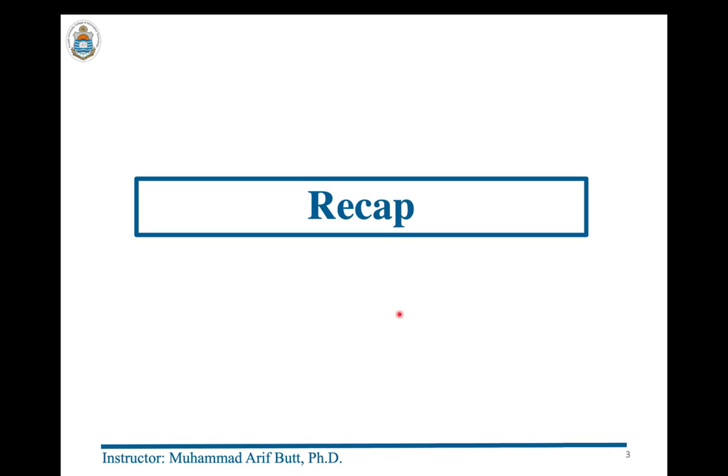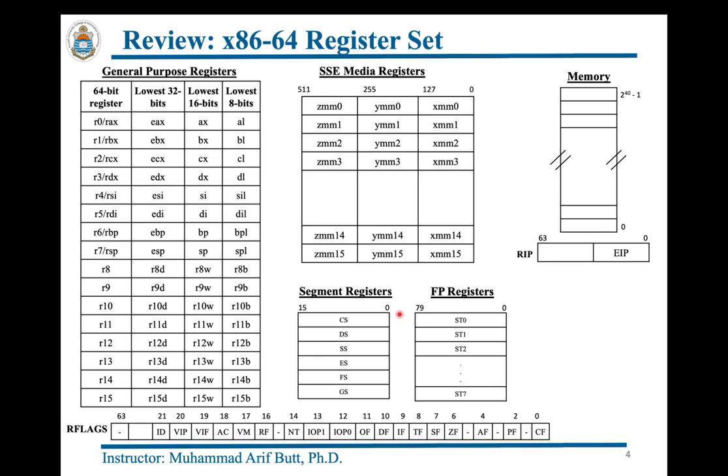So let us first have a quick recap. This slide shows the register set of the x86-64 microprocessor that we discussed in detail in lecture number 28 of this course.